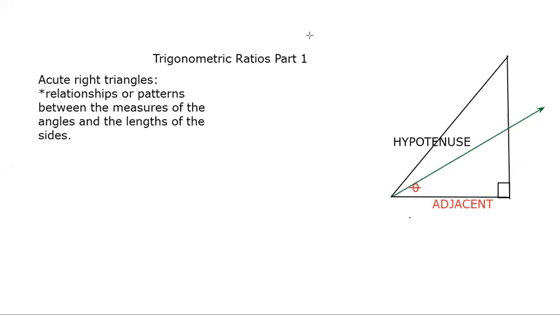You've got to get in the habit of that. So here is the opposite. The way we found the opposite side was we started at the vertex and we drew an arrow straight out. That's the opposite. Adjacent is the one right next to it.